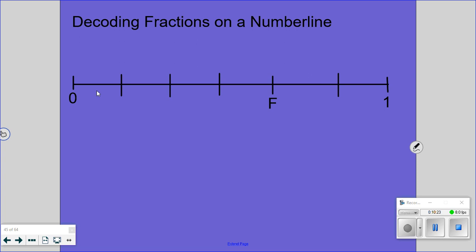Colby, how many pieces were on this number line? 6. So that means I'm counting with what size pieces? I'm counting with 6. That tells me my denominator is going to be 6.